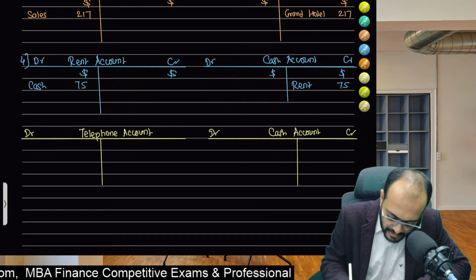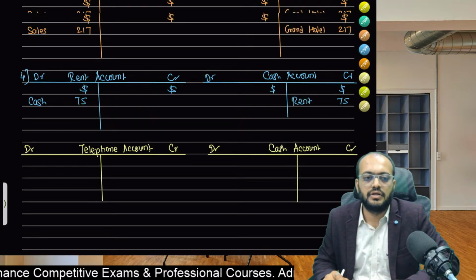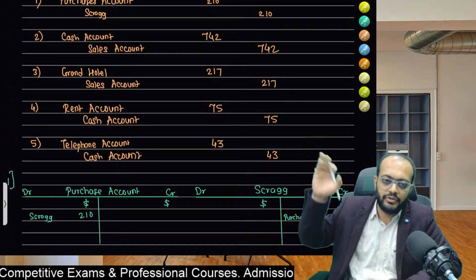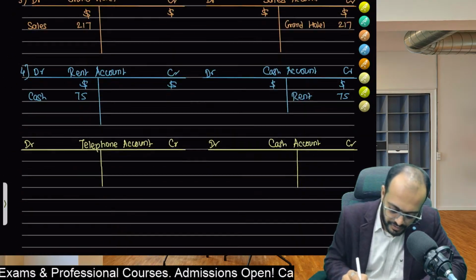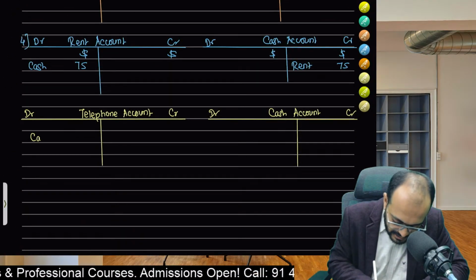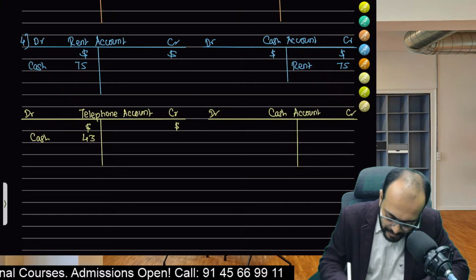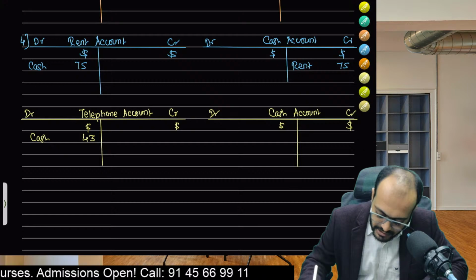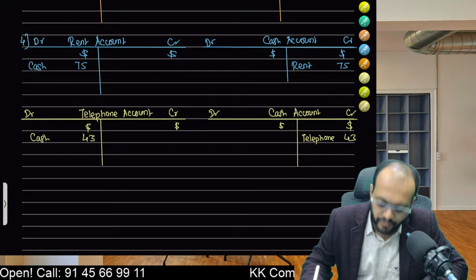Debit, credit. Okay, so students, telephone account, I think we debit, yes, we give debit to telephone account. So we have to write the name of the account credited, cash account here, and 43. So here cash 43, and cash account credited. So in the credit side of cash, we have to write telephone amount 43.